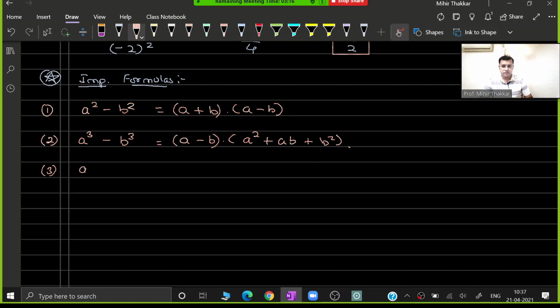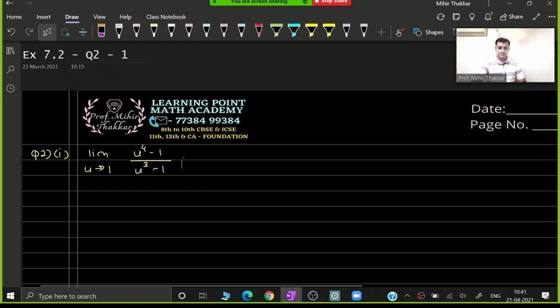And the number 3 formula, which is a cube plus b cube, it is just the same, a plus b into a square minus ab plus b square. So this is a very simple way to remember these 3 formulas, and we will be applying this in our next question. So just take down this properly.